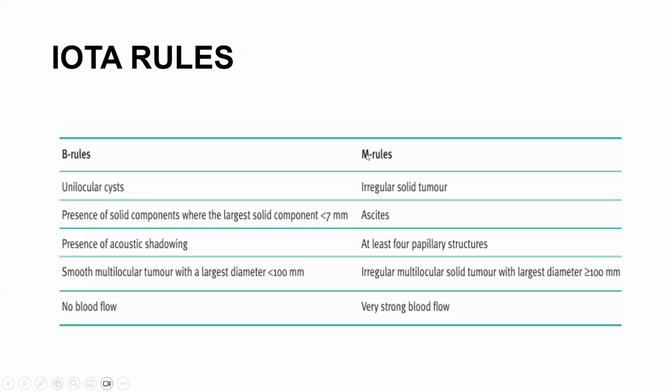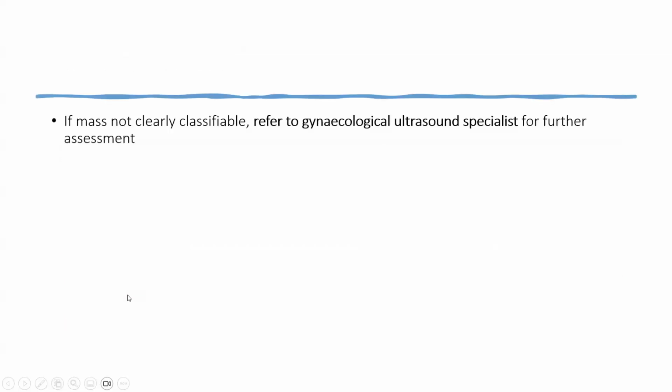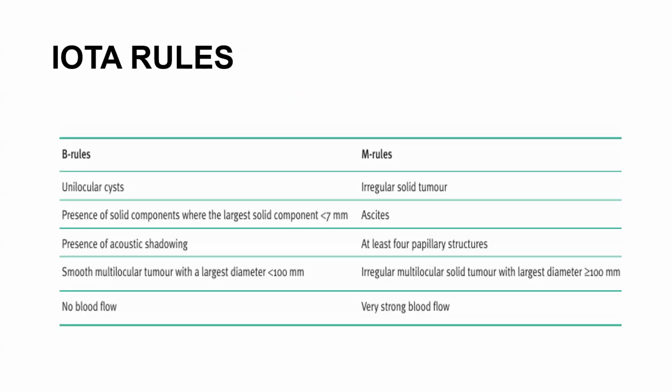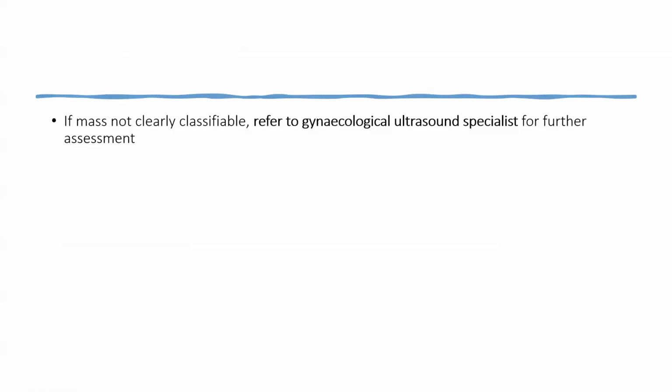If there are more features from the M rules, like ascites and four papillary structures, the mass is likely to be malignant. If the features fall in the B rules, then the mass is benign. However, if there are some features from the benign ones and some from the M ones, then you have to refer the patient to a gynecological ultrasound specialist for further assessment.